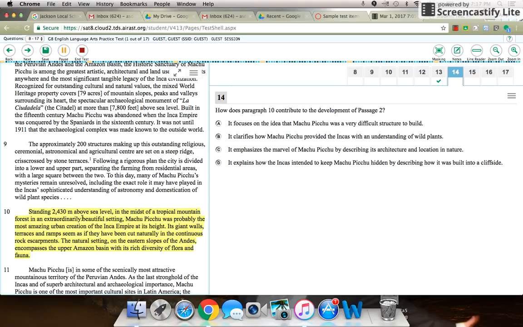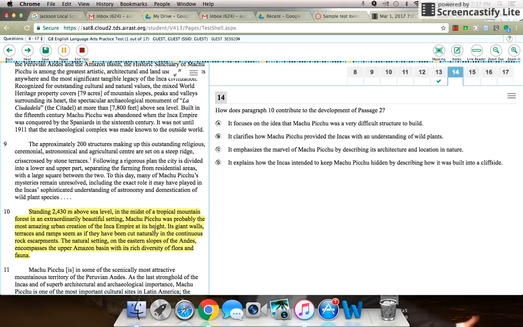Okay, so when I look back through this, I get a mental image of the description, and what it's doing is it's saying it's beautiful, and then it talks about this urban civilization. Well, urban is another way to say city, and it's talking about the giant walls and the ramps they built. Within the landscape, they say the natural setting on the Andes encompasses the upper Amazon basin. So in my head, I'm getting a picture of some of the things that were built right into the countryside, right into the Machu Picchu natural environment.